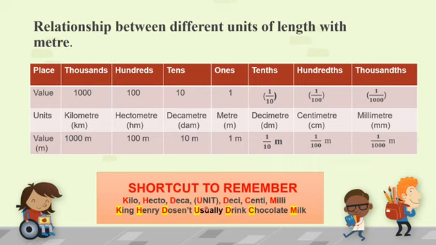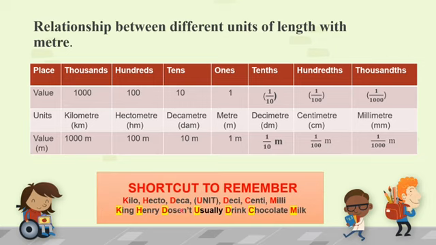Unit is supposed to be the base unit. Whatever metric measure you are dealing with, since you are dealing with unit of length now, which is meter, we will be talking about meter over here. And deci, centi, milli. These are your prefixes.